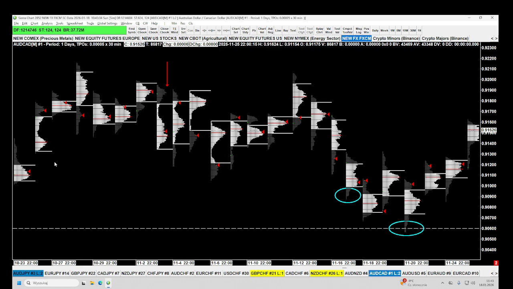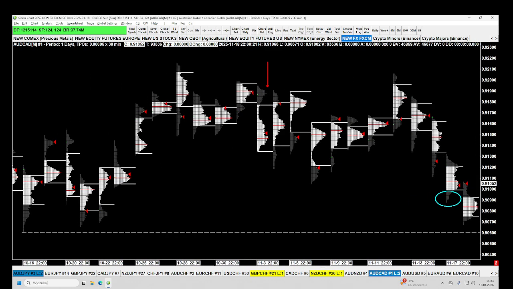So I start counting when I see the breakout, right? As you can see here, we had some overlapping area, and from this overlapping area we had a breakout to the upside. This is a single breakout day to the upside, followed by another breakout day to the upside.